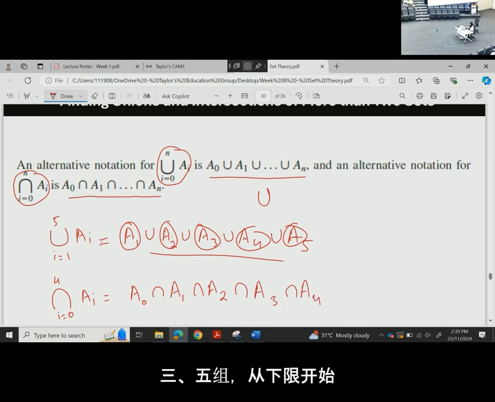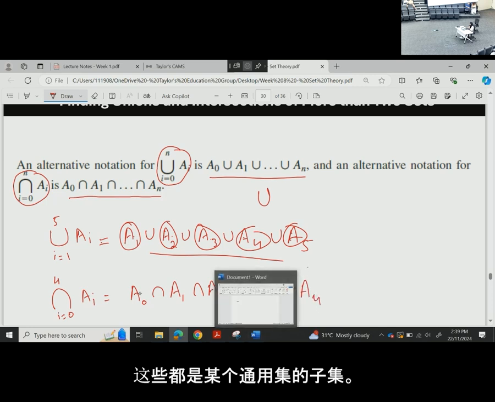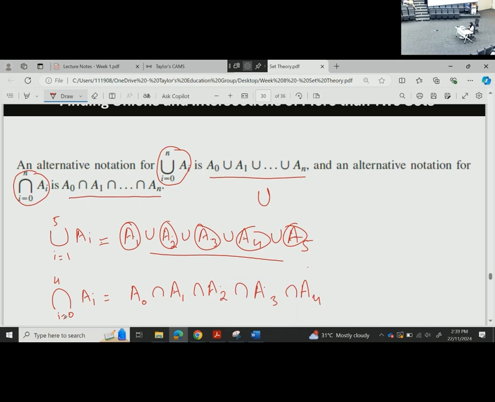Okay, so this is how you will show the intersection of 5 sets, starting from the lower limit up to the upper limit, and these are all subsets of some universal set.